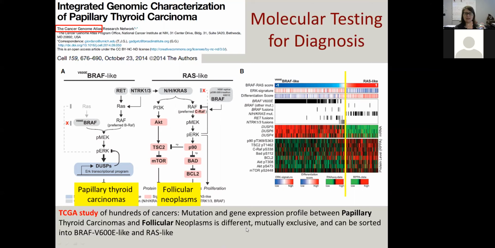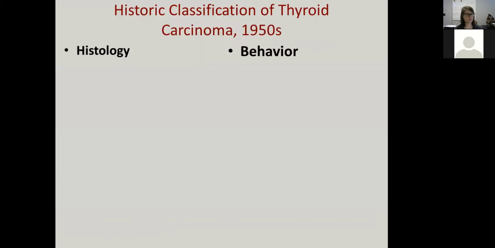And these are genetically mutually exclusive, and then they can be sorted into these two groups. This will become important when we talk about NIFT-P specifically.